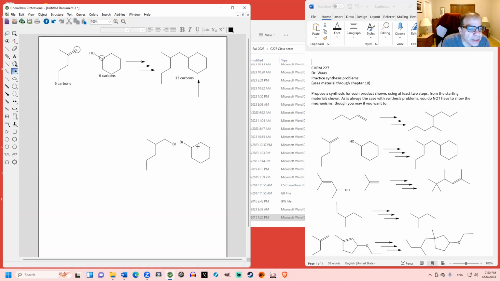So can we make this bromide from this alcohol? Certainly we can. We went over that reaction in both chapter 10 and chapter 17.